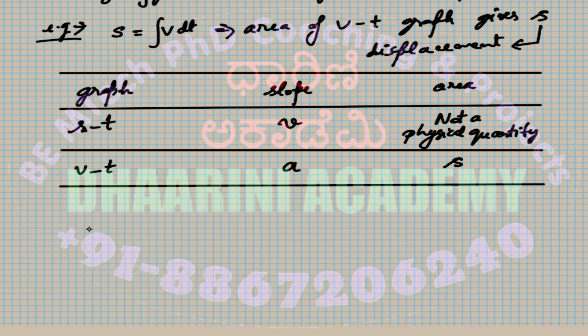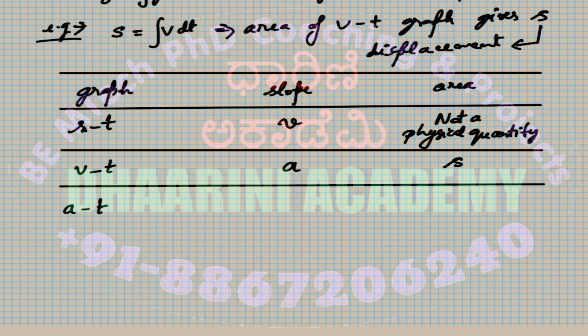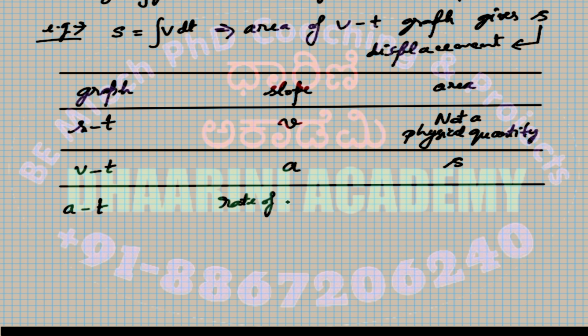That will be an AT graph. So differentiation is dA by dt. The dA by dt has no specific physical quantity, but definitely you can get the rate of change of the acceleration, if needed.